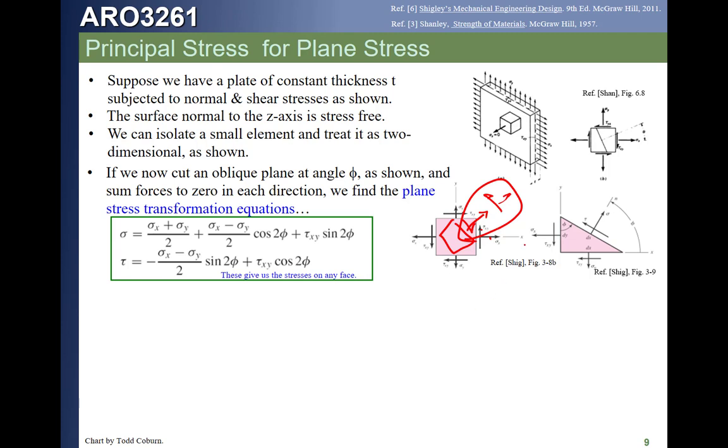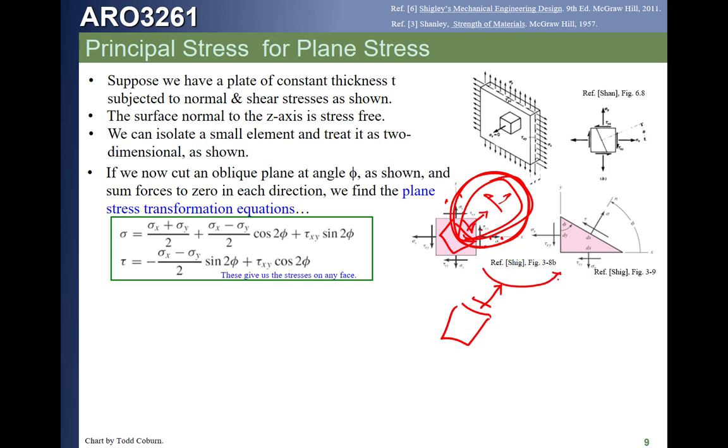Once again, as we saw in the prior slide, these are going to be a function of trig, but now we actually have 1, 2, 3, 4 stresses that all are feeding in to what that resultant normal and shear stress is on that face. And the way this is showing it is by cutting this element here.